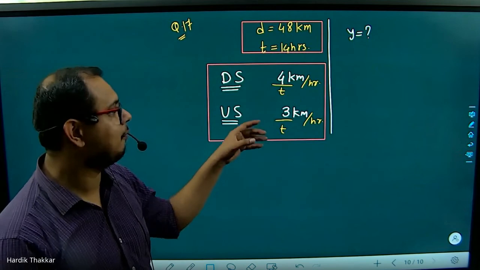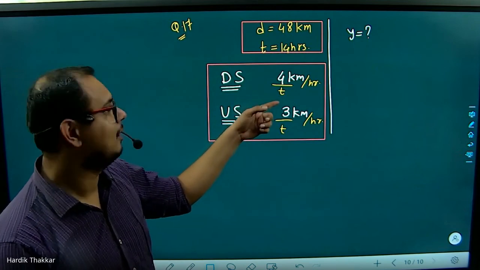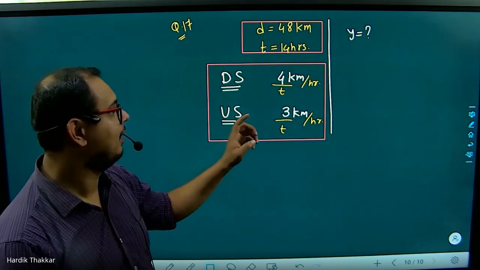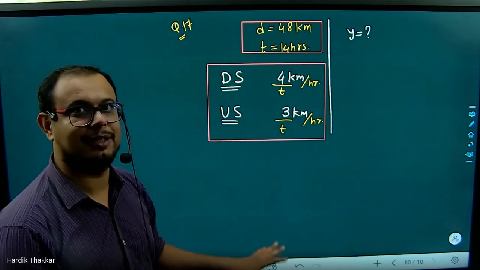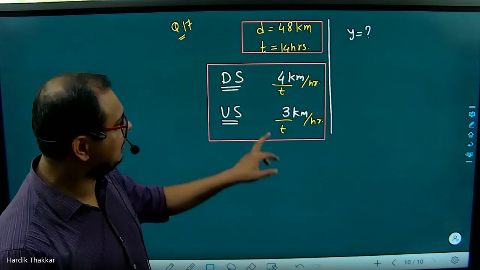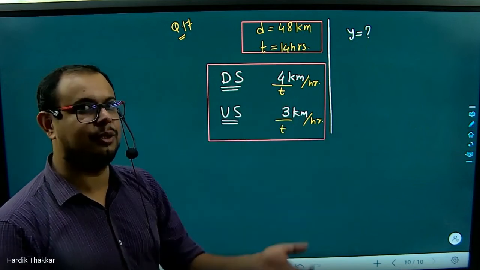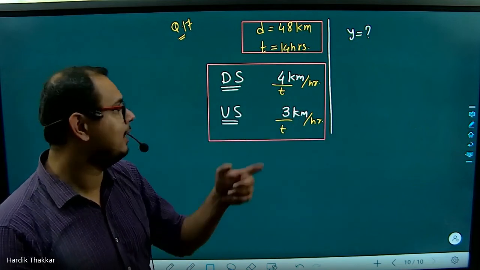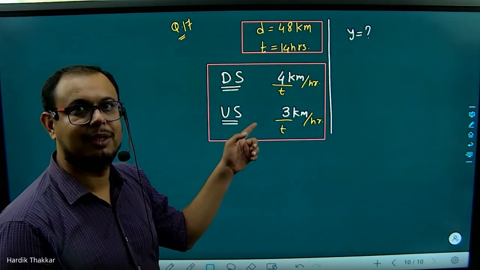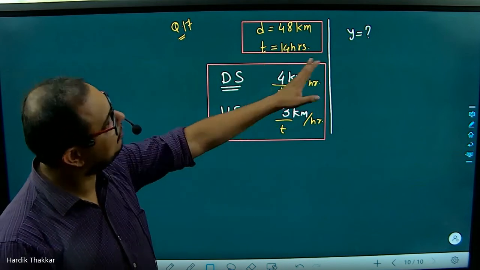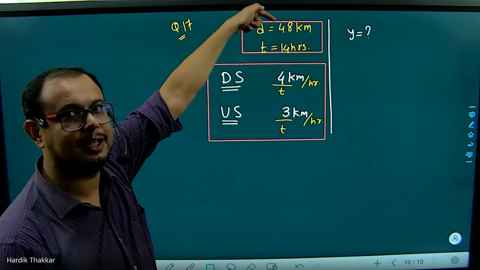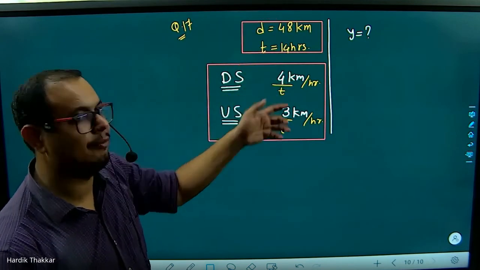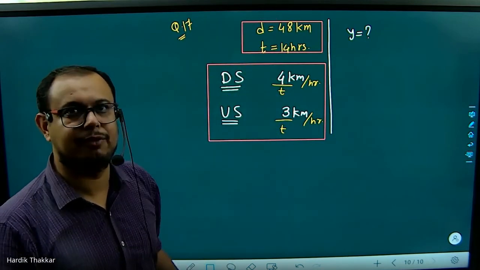It is saying that for a certain time, let's say t, he is covering 4 kilometer, and for the same time he is covering 3 kilometer in case of upstream. So this t is just to represent the speed in case of upstream and downstream. It is not showing the particular distance, because he is covering overall distance as 48 kilometer. So this 4 and 3 will not be added and will not give you 48 kilometer.